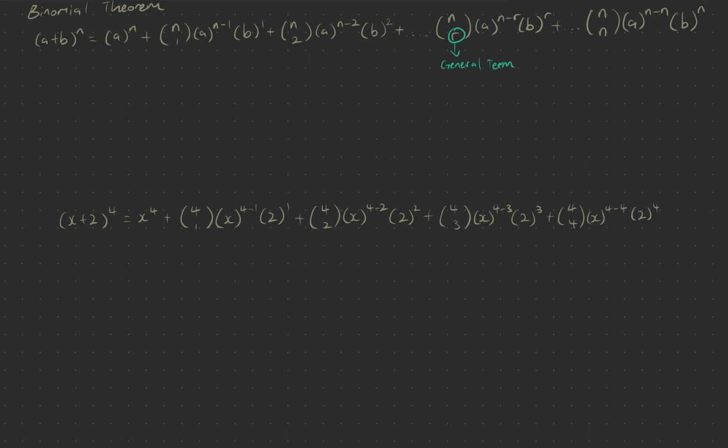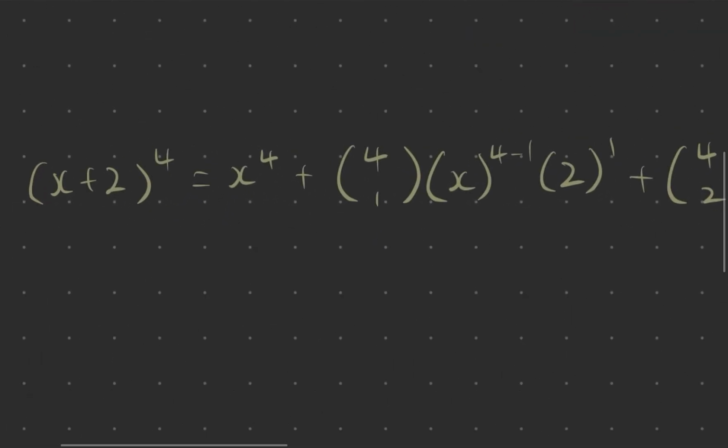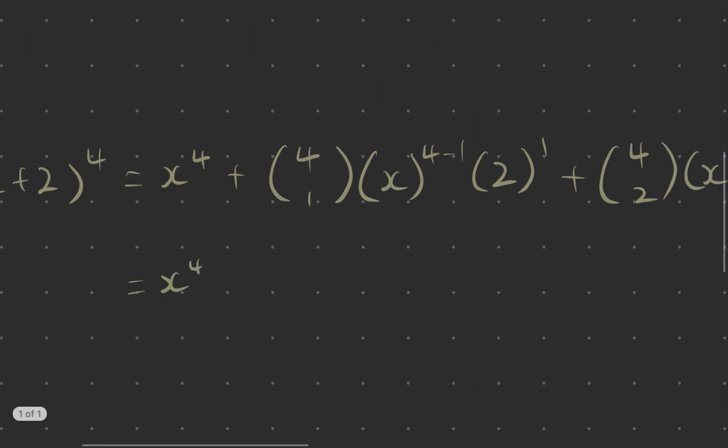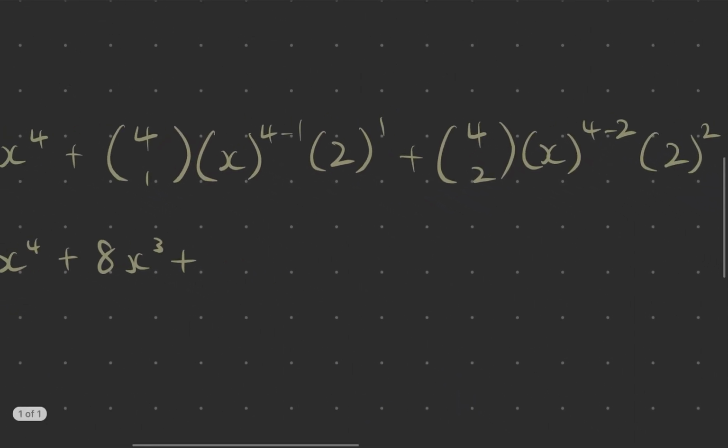Now we can further simplify. Let's make it look a bit tidier. So x to the power of 4 is just x to the power of 4, and 4 choose 1 is just 4, so 4 times 2 is 8, and 4 minus 1 is 3. And then we have 4 choose 2, which is 6, and 6 times 4 is 24, and we have x squared here.